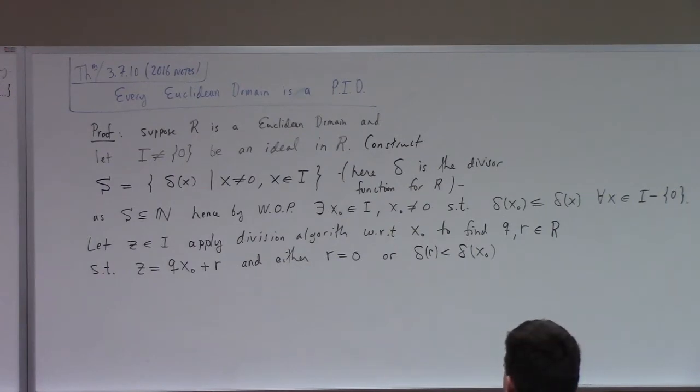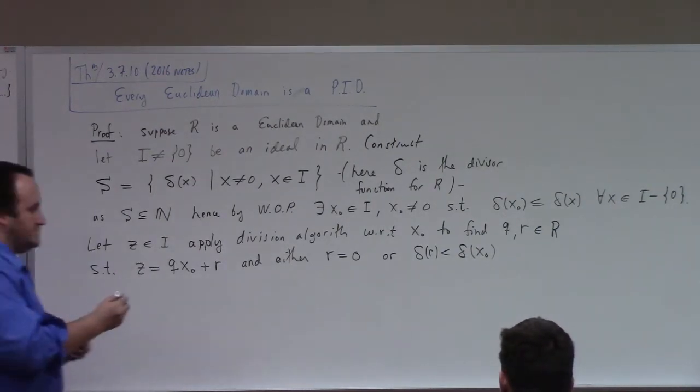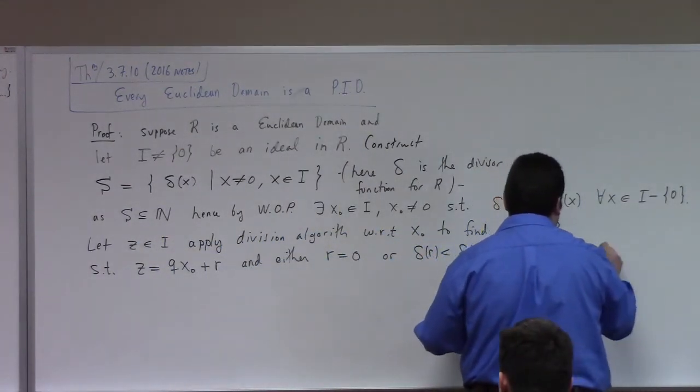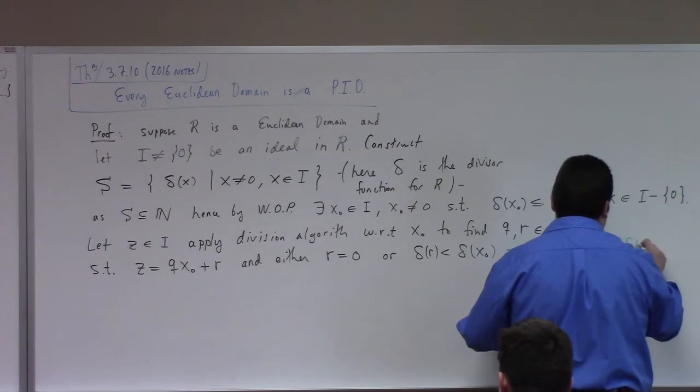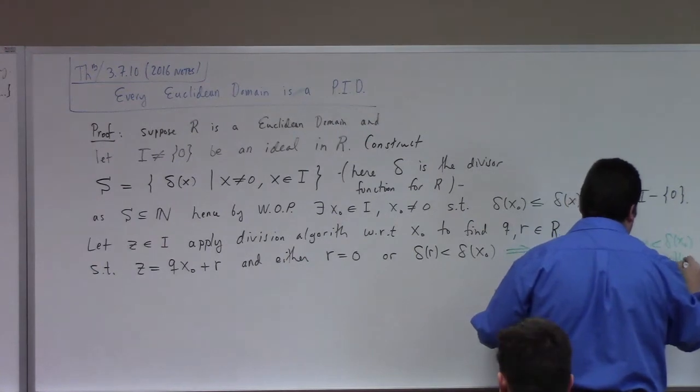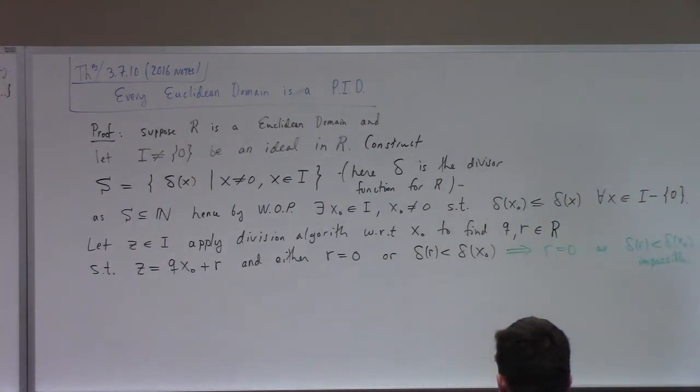Of course, by construction of x naught, what can we say? r equals 0, right? r equals 0, as delta of r less than delta of x naught is impossible, by construction. It's the smallest element.